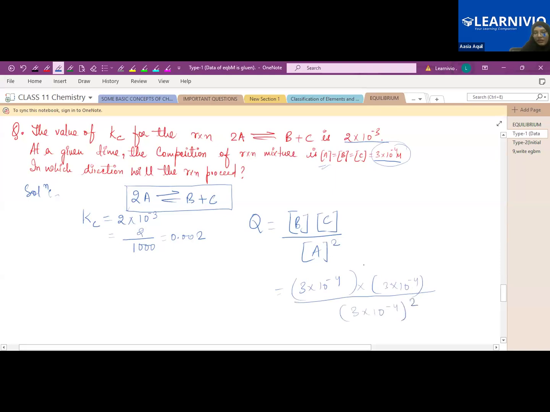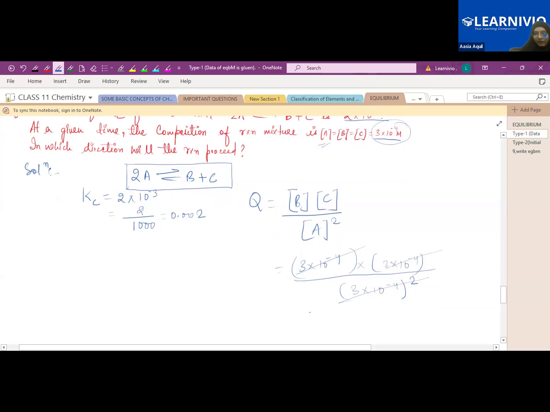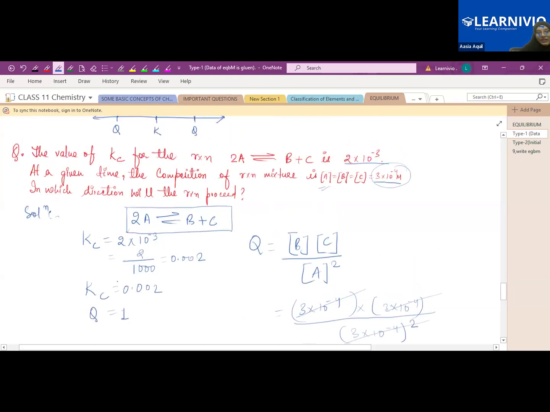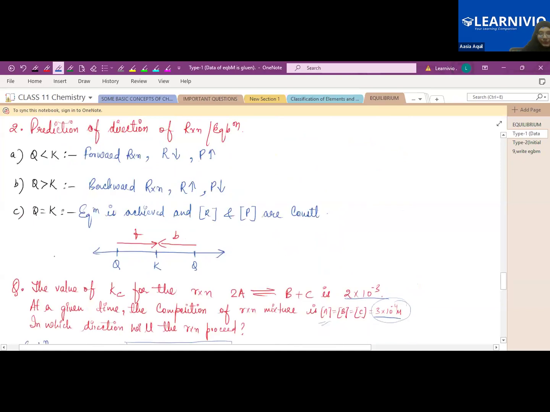Now you can see the denominator is a square, and in the numerator it is again the square. So you will get 1. It is the value of Q. Q will become 1. Now check the values: your Kc is 0.002, and your Q is equal to 1. Now see here, what are the conditions?